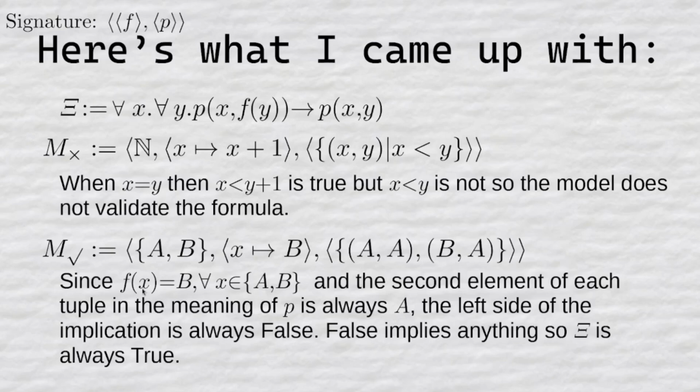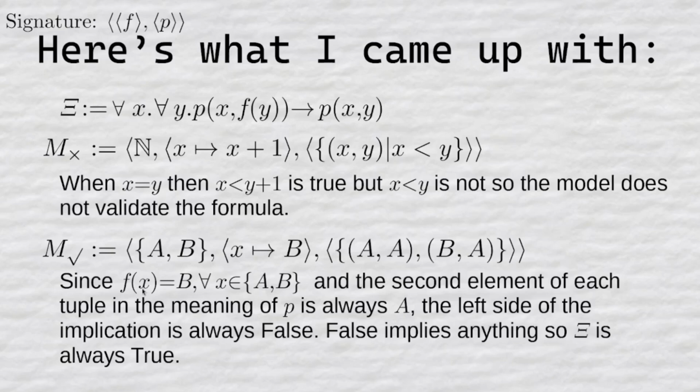So we're saying that basically P of x, y is true if y is A. But because f turns y onto b, we get false then true, and if false then anything, it's fine, right?